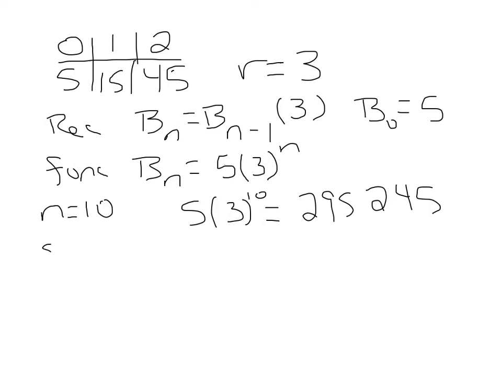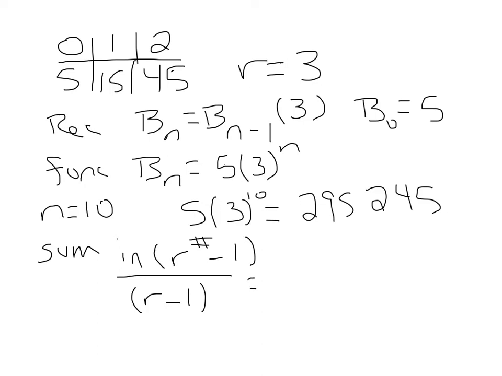And then the last one is the sum. So the geometric sum formula is the initial term times r to the number of terms minus 1, divided by r minus 1. So if I erase the initial term, I will have 5. R is 3.